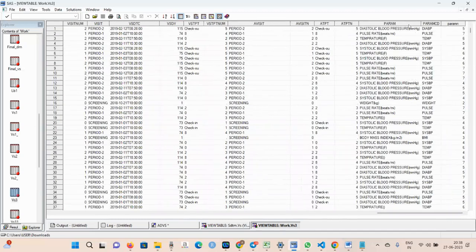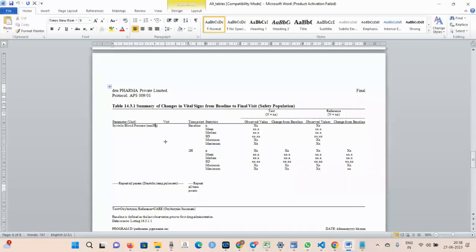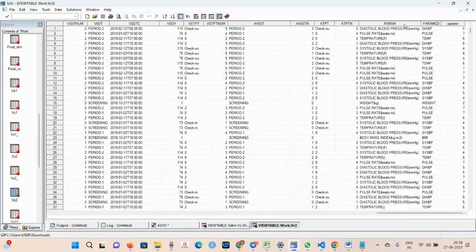So here we got the PARAM, which is concatenated with mmHg. So there is no space after this one. Okay, there is no space. You have a space? Yeah, there is a space, but you can keep it in the programming also in case you want to keep the space.